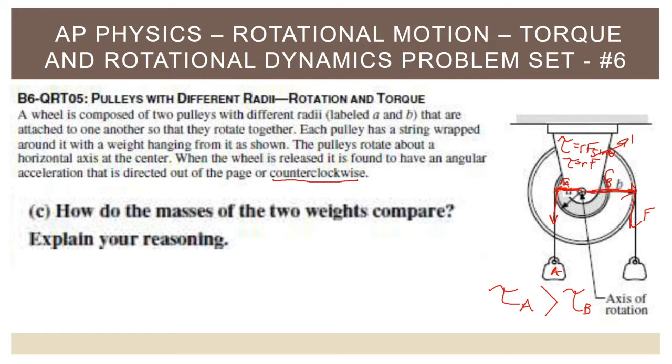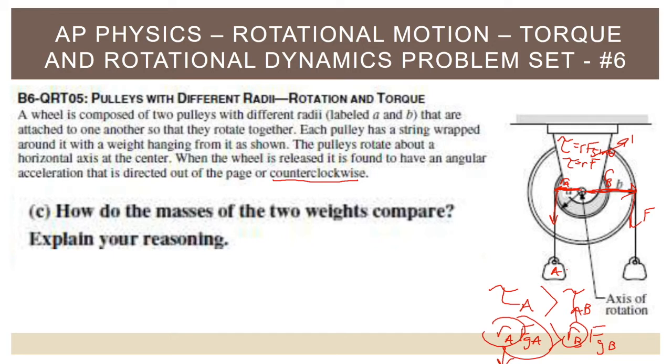If the torque produced by A is RA times the weight of A, and the torque produced by B is RB times the weight of B, and we already know that RA is significantly less than RB, then the only logical conclusion we can draw is that the weight of mass A must be much larger than the weight of the other mass, because it has to exert that torque with this much smaller r.